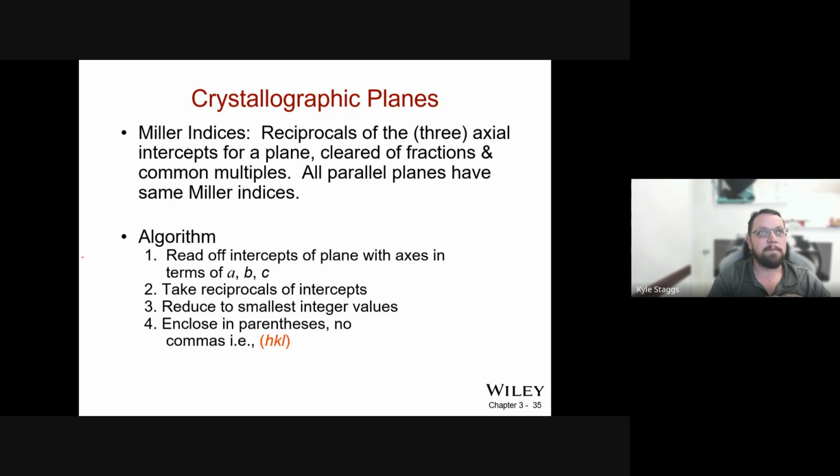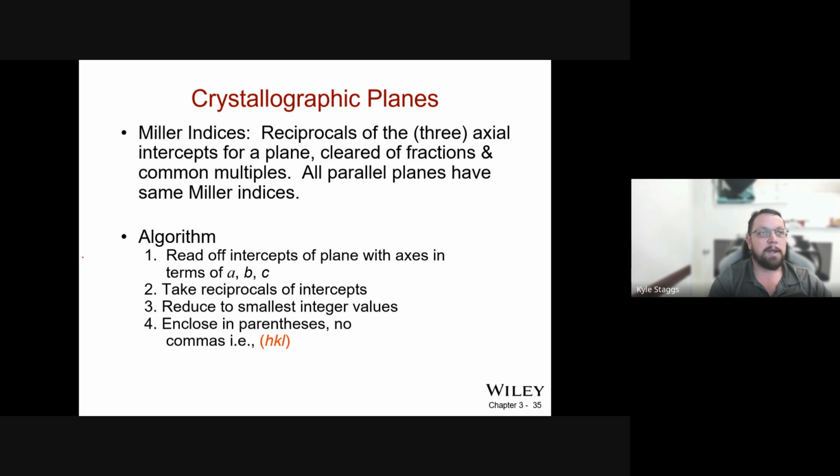We saw the graphical representations of those. You read off the intercepts of the plane with the axes in terms of a, b, and c, then take the reciprocals of those intercepts and reduce them to the smallest integer values, and then enclose them in parentheses with no commas.